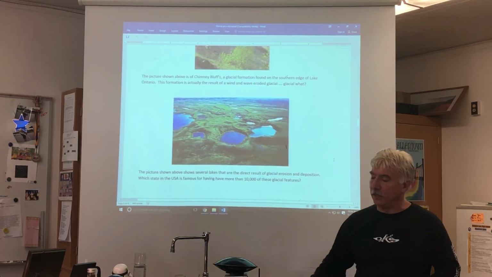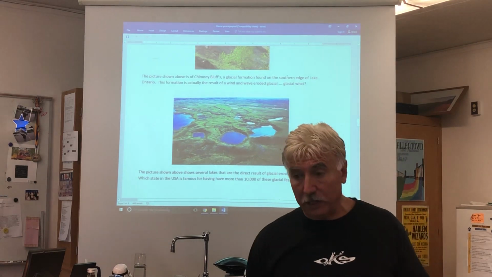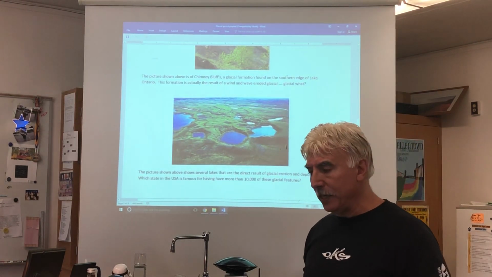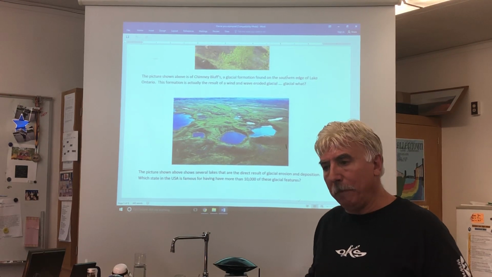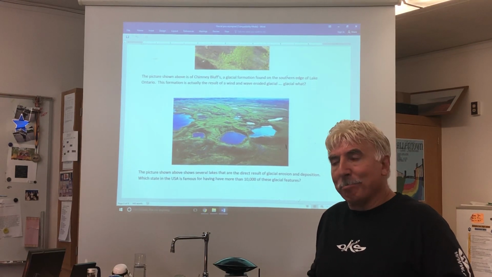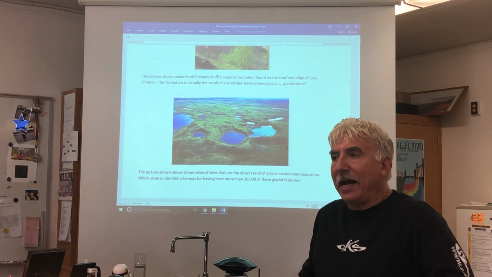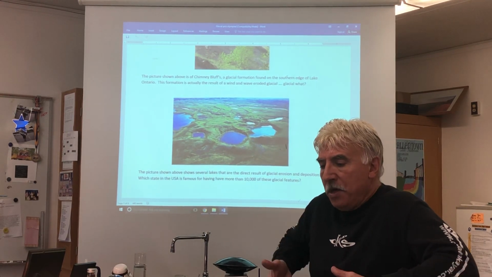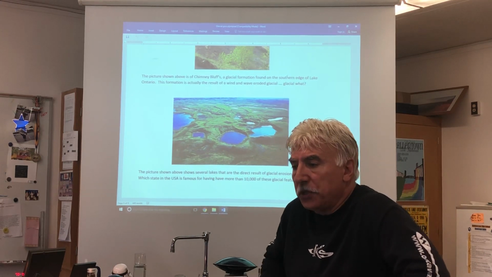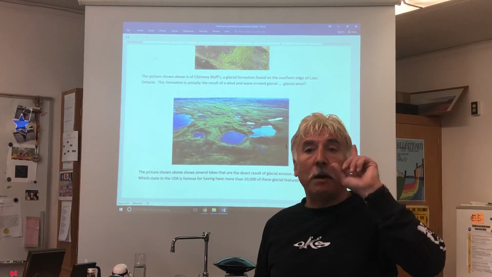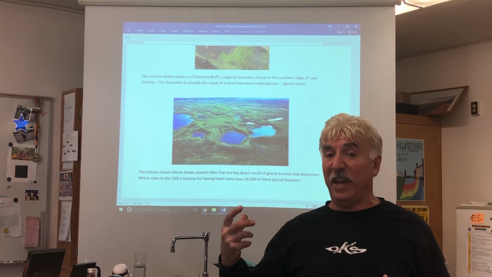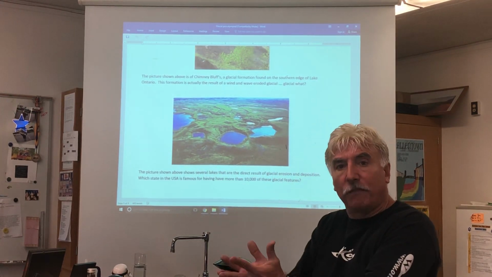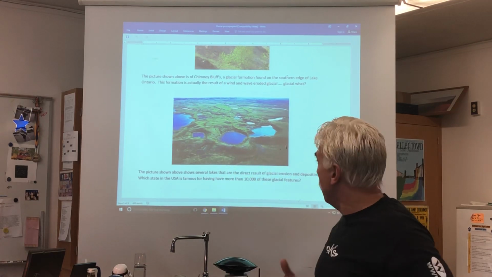This is really interesting. As a glacier moves, both valley glaciers, but mostly associated with ice sheets, what happens is the glacier, due to friction, partially melts into cracks that are in the ground. As it partially melts into cracks in the ground, the glacier forms fingers of ice that go in the ground. I'm sure you've all seen an icicle hanging from a gutter, which is made by water partially melting, freezing, melting, freezing.